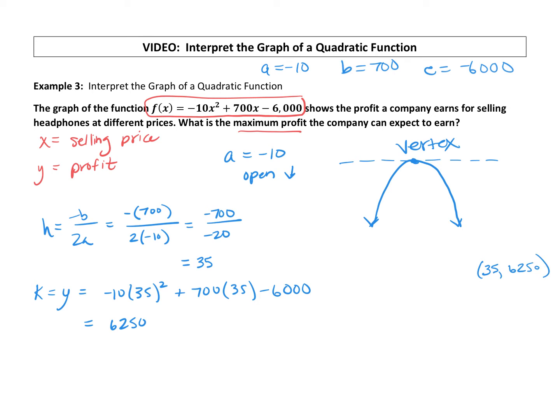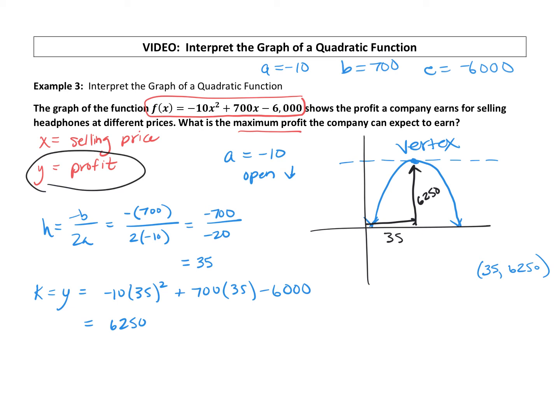So think about this picture where we have our vertex. We know that wherever our axes are, we would go to the right 35, and we would go up, this is not drawn to scale, 6,250. So what is the maximum profit? Remember, profit we said was our y values. How high does this parabola get?